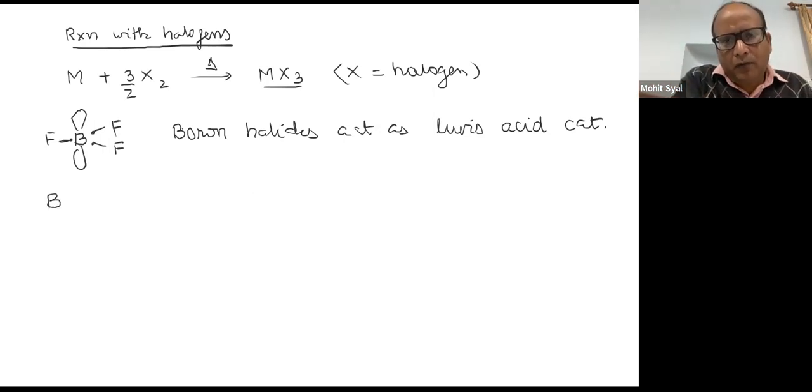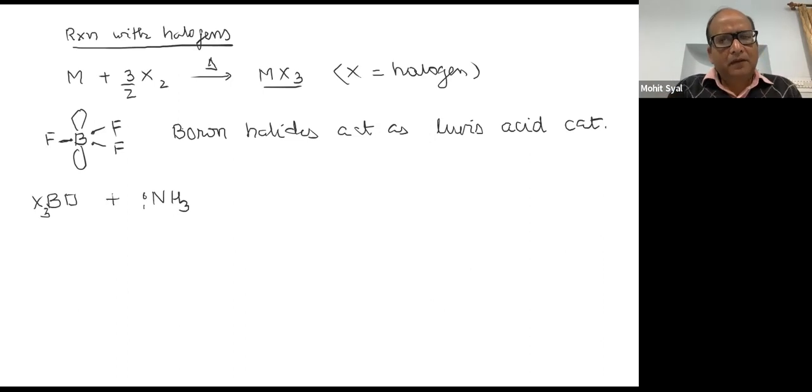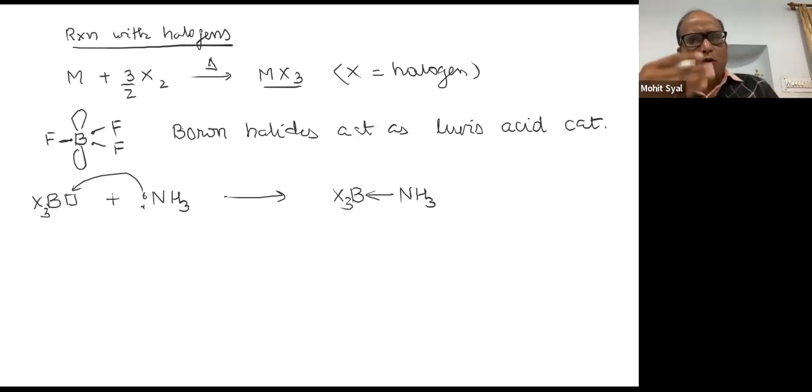So how do I prove that boron halides are Lewis acids? I can take BX3, any of the halides of boron, and this is the empty box I have made, meaning it has an empty p orbital, and I can react it with NH3. NH3 has a pair of electrons which is not bonding, called a lone pair. So this can come and join on boron. I can write BX3 and put an arrow from nitrogen to boron, indicating that nitrogen has given its pair of electrons to form a bond with boron.